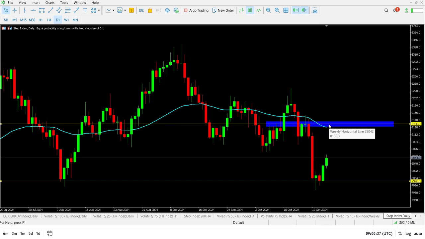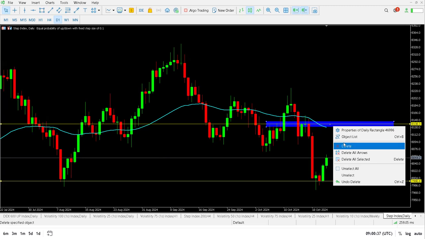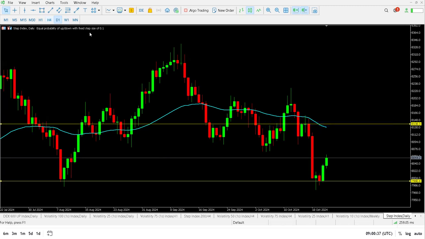So we have the weekly time frame in a bearish market structure, the daily time frame in a bearish market structure. In as much as having just these two time frames alone, my bias on Step Index is to the downside, I'd go a step further just to see what the hourly time frame looks to be presenting us.